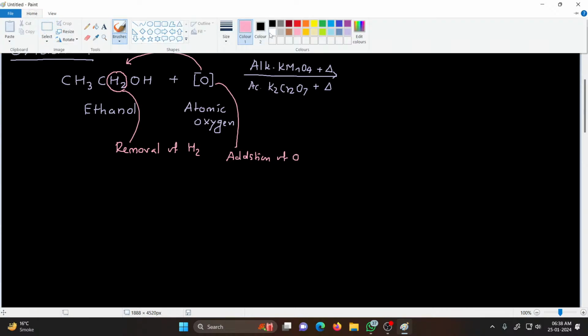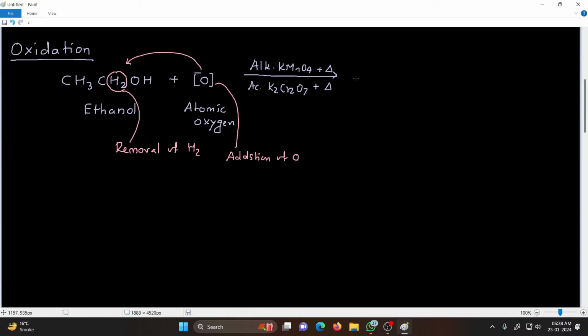So what will happen if this happens? That means two hydrogens are removed, so two valencies become unfulfilled, and to fulfill these valencies we have a carbon oxygen double bond. So it is CO. This OH remains as it is. So CH3COOH. If you look at the product, it will be ethanoic acid.